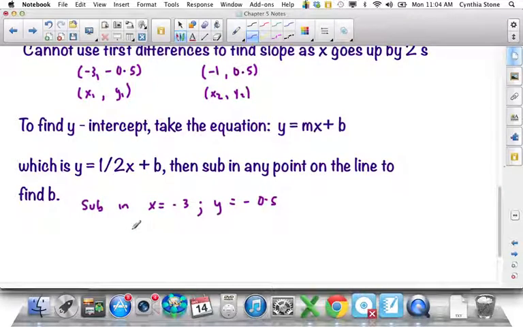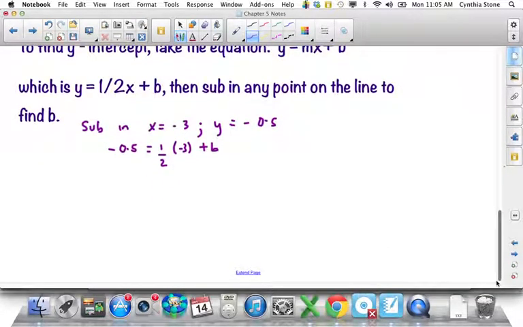So I'm going to write minus 0.5 equals, because instead of writing y, I'm writing minus 0.5, equals 1/2 times minus 3 plus b. So you know from when we wrote equations that now we can solve for b. It's not a pretty equation because of the fraction, but it doesn't matter.